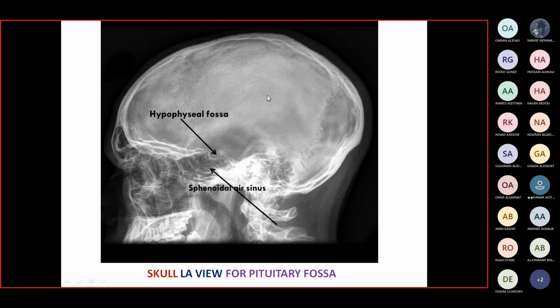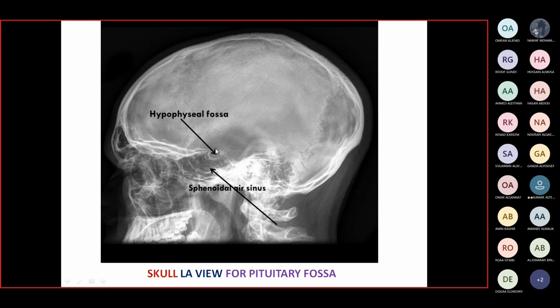Nowadays, this plain X-ray is not done frequently to assess the pituitary gland. In the past, we used this plain X-ray to assess the pituitary fossa, to see if there is erosion or enlargement of the pituitary area.